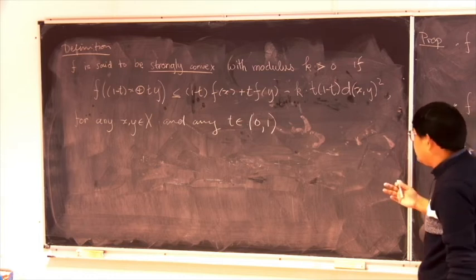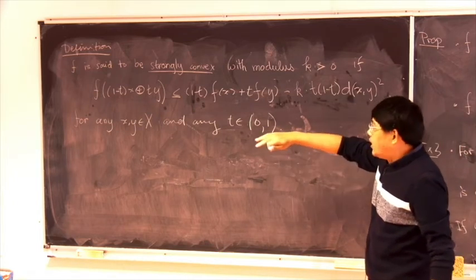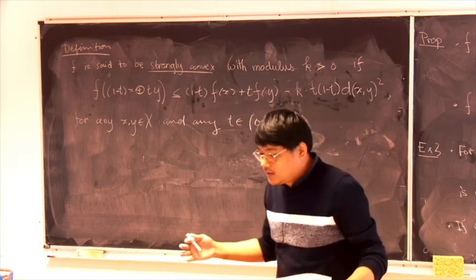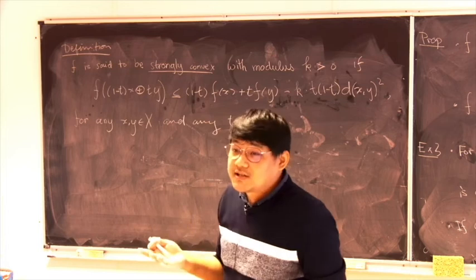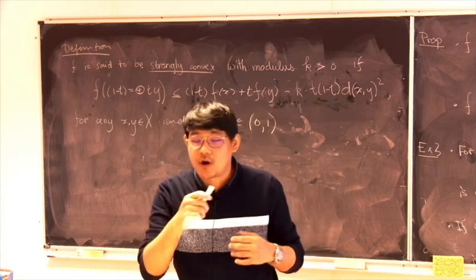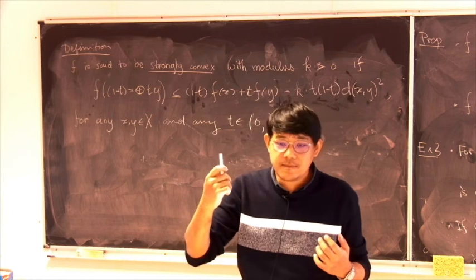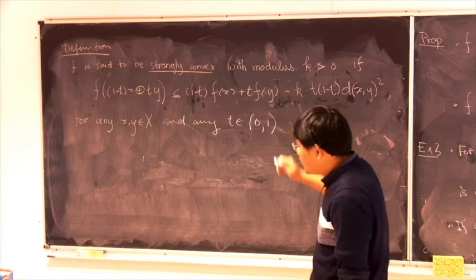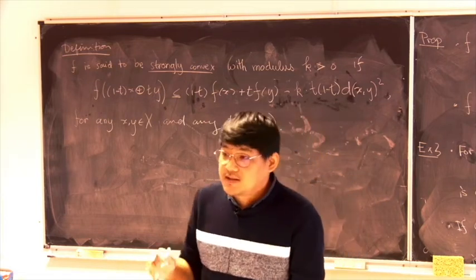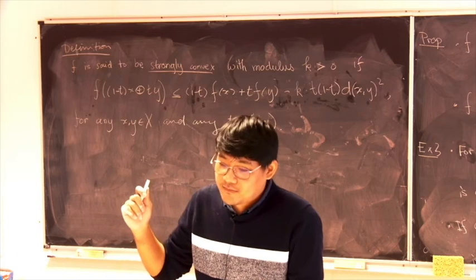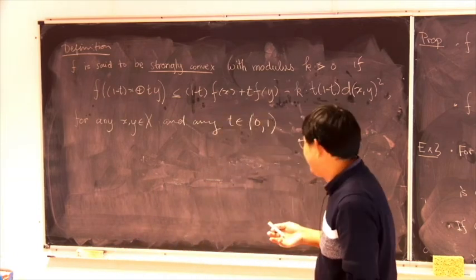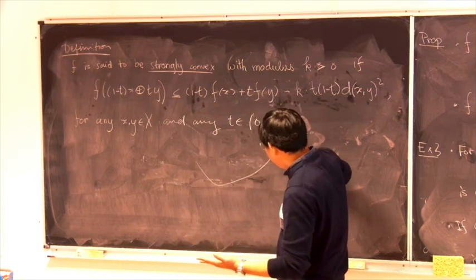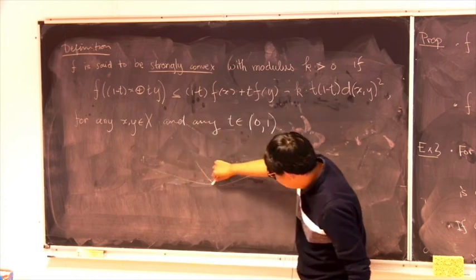And what I imagine of a strongly convex function: a good convex function that we have in mind is the quadratic function, which looks like a parabola. A strongly convex function means a function which is more convex than some parabola. It can be something like this.